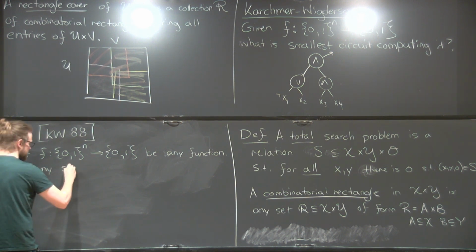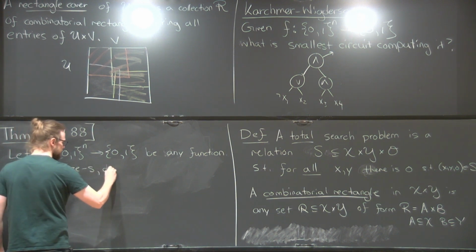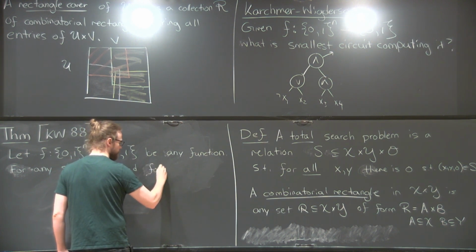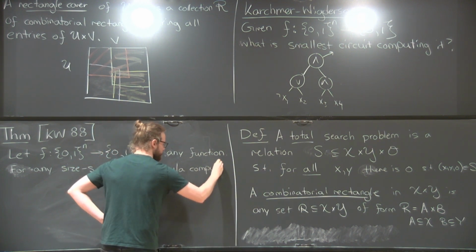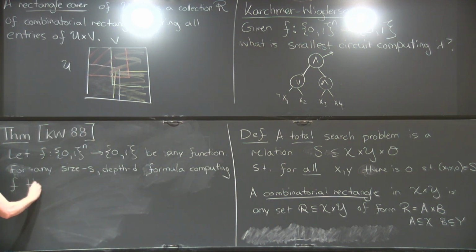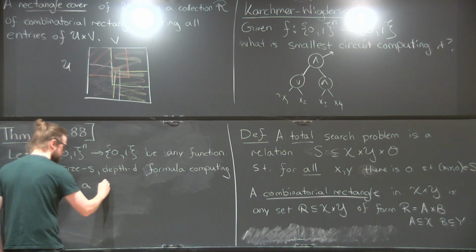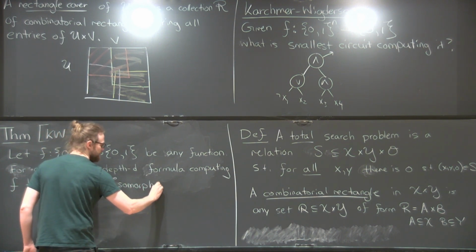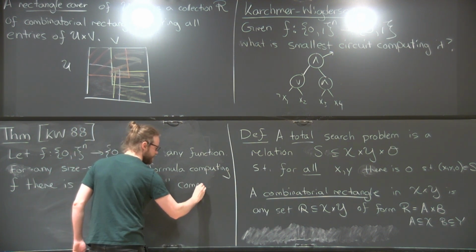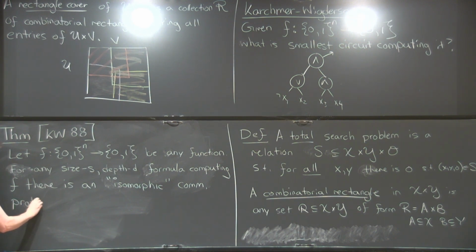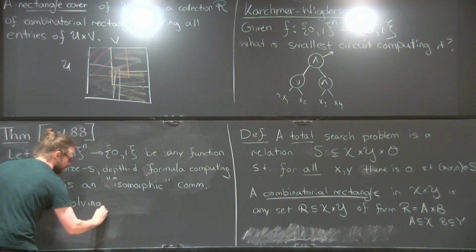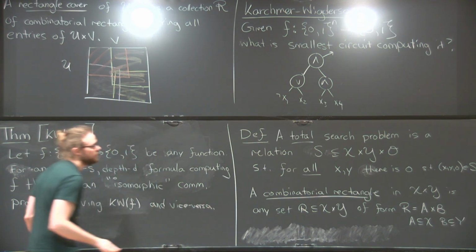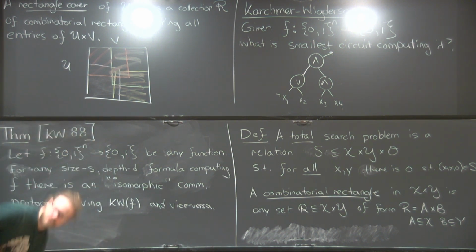For any size s, depth d formula computing f, there is an, rather than worry about getting really technical, I'll just write "isomorphic" in quotes, isomorphic communication protocol solving KWF, and vice versa. So solving this communication problem, this Karchmer-Wigderson game, is equivalent to computing f.